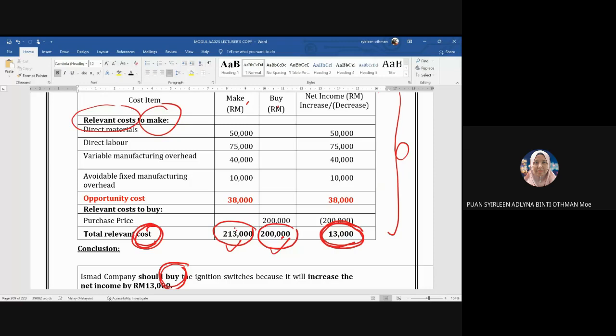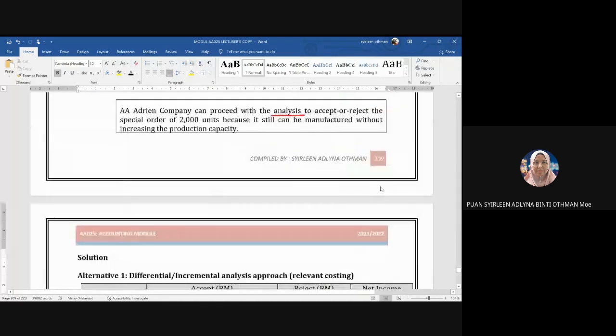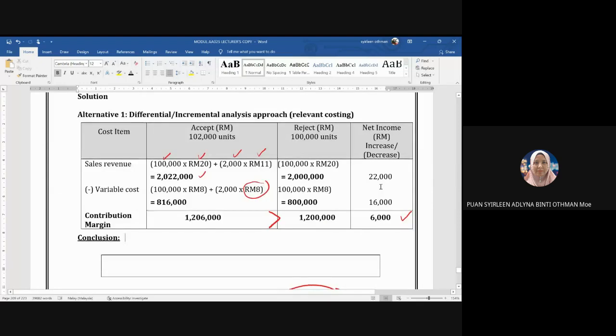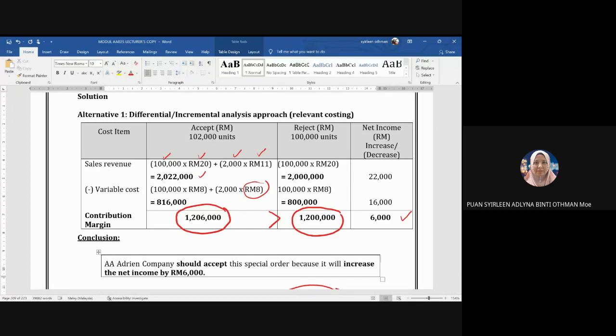So dia berlawanan dengan accept or reject. Kalau accept or reject, like the one that we did earlier, okay, accept, kamu punya contribution margin 1,206,000. Tapi kalau reject, awak punya contribution margin is 1,200,000. Okay, so decision saya dekat sini, saya akan accept. Kenapa accept, madam?